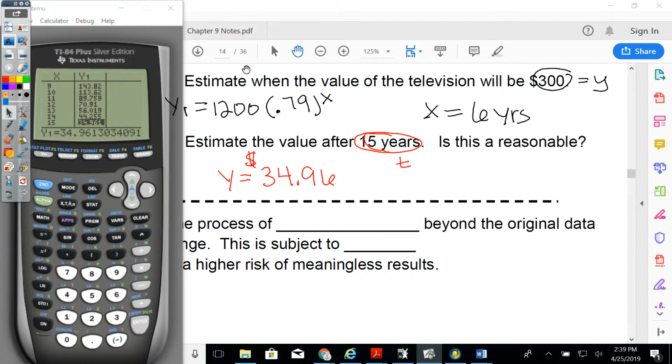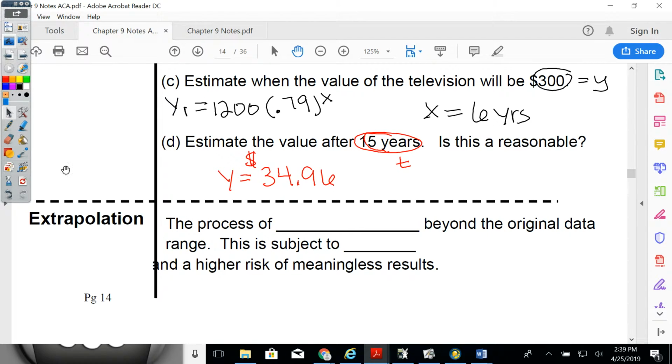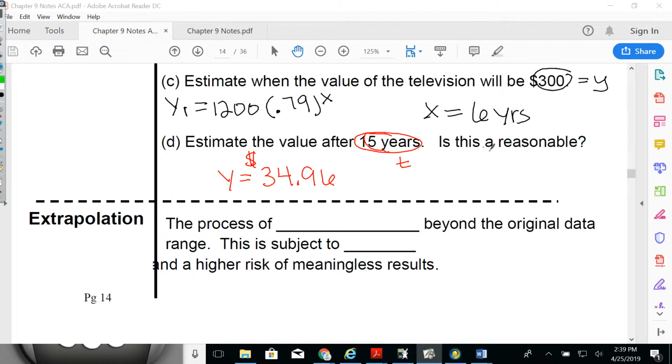Now, as far as reasonableness goes, is this a reasonable amount for a TV? Just because this is what it says mathematically, it might not be what happens in everyday life. So reasonably, probably not. Because after 15 years, the TV's probably broken, or it doesn't work, or there are new models out.